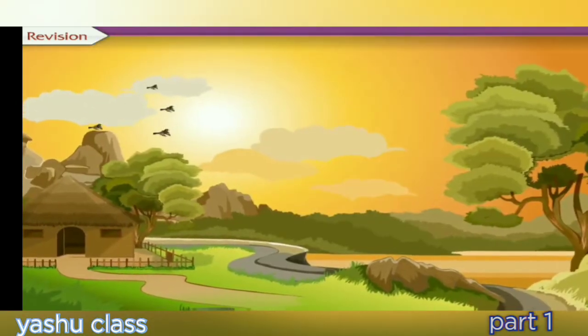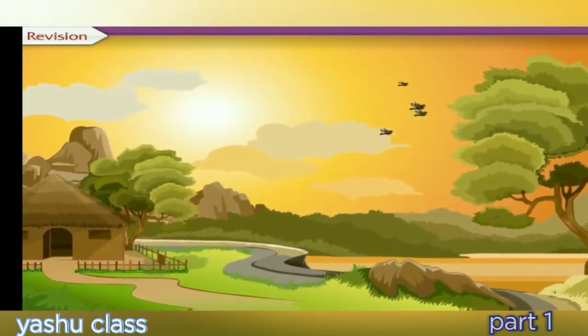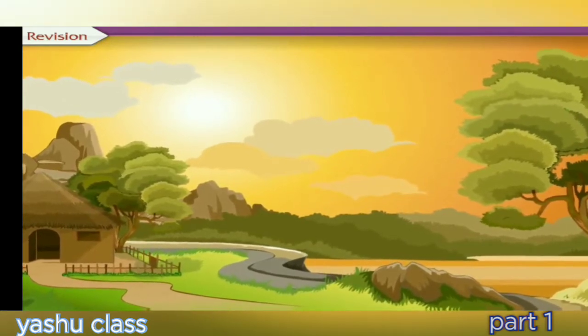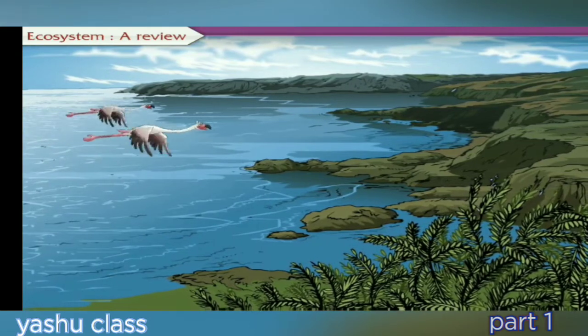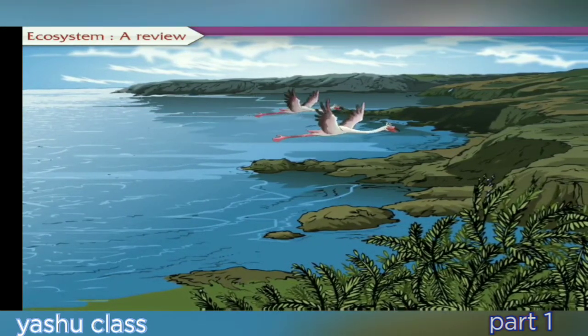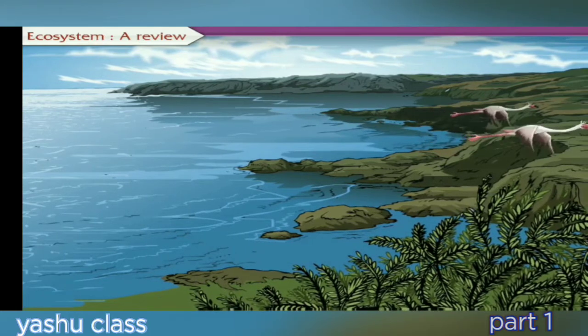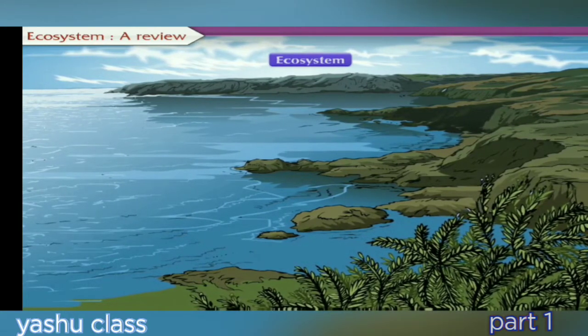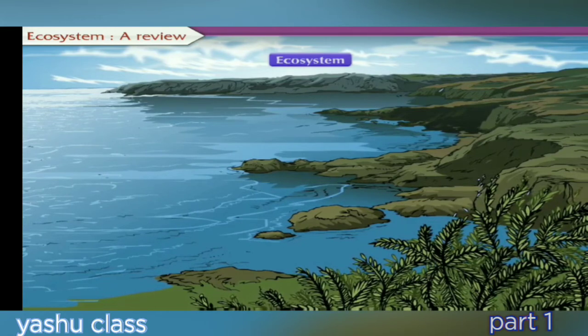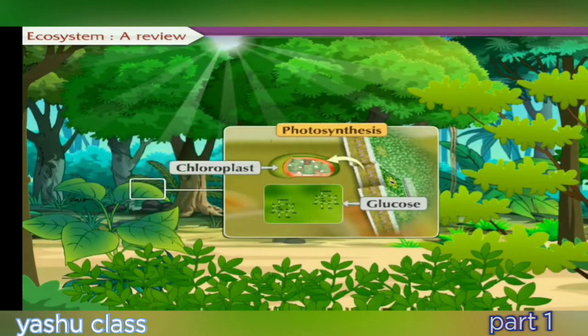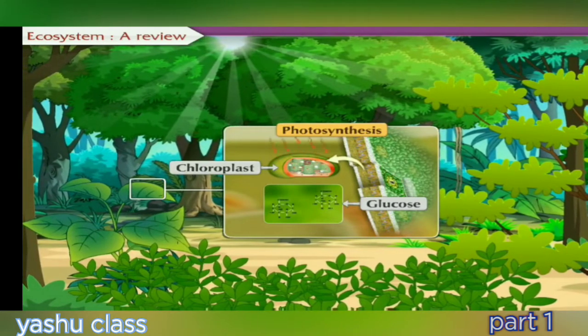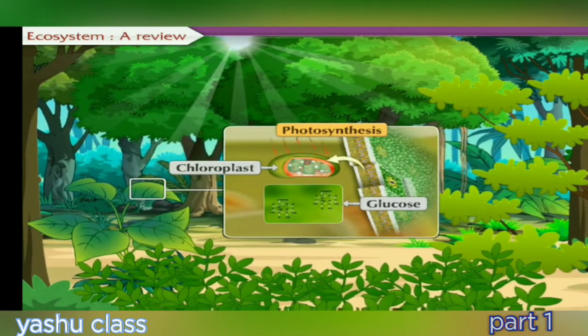After this brief recall about ecosystem, I don't think you would mind a quick review of this topic. Ecosystem, a review. We all know that interactions and interrelations among the biotic and abiotic components and their physical environment together form an ecosystem. In an ecosystem, every component plays an important role. Food-producing autotrophic plants of the ecosystem are the basic source of food for all the consumers.